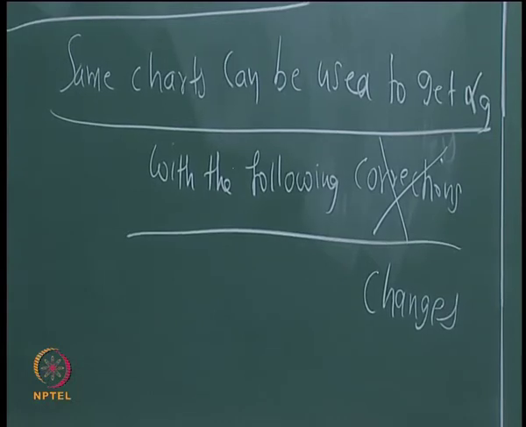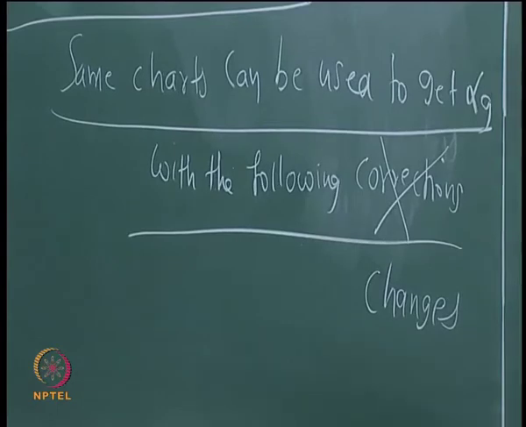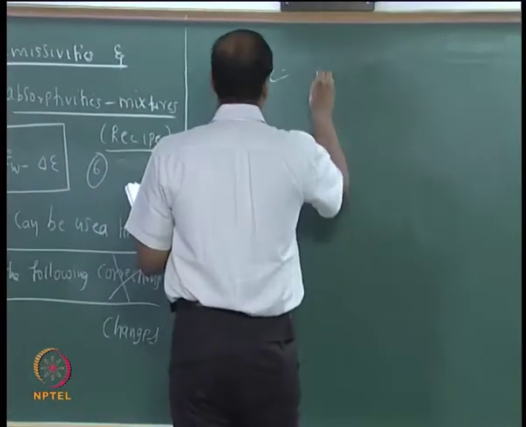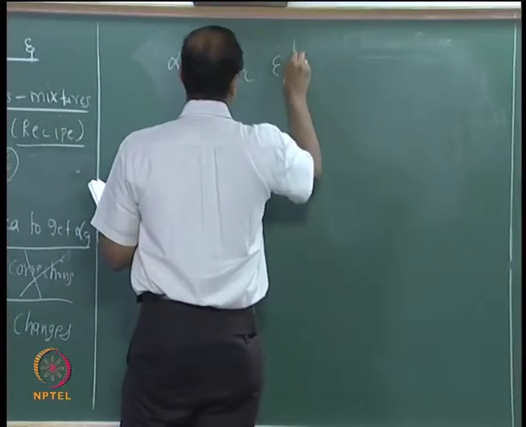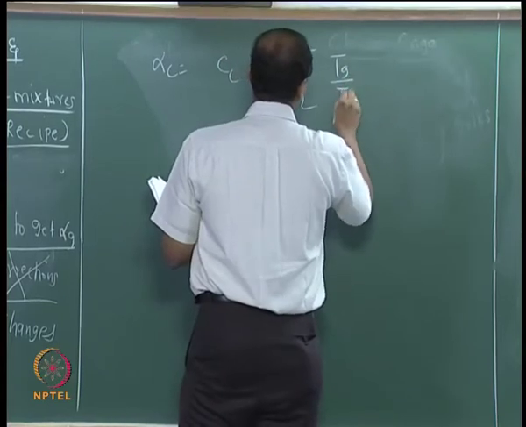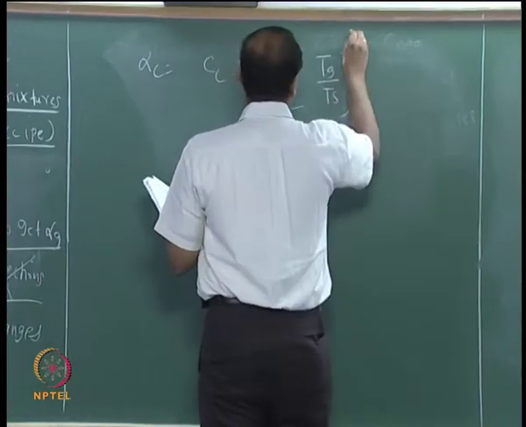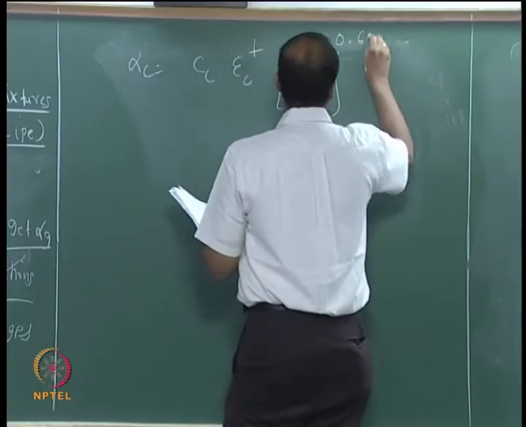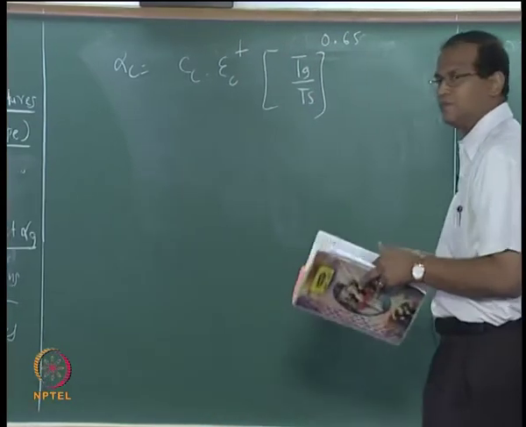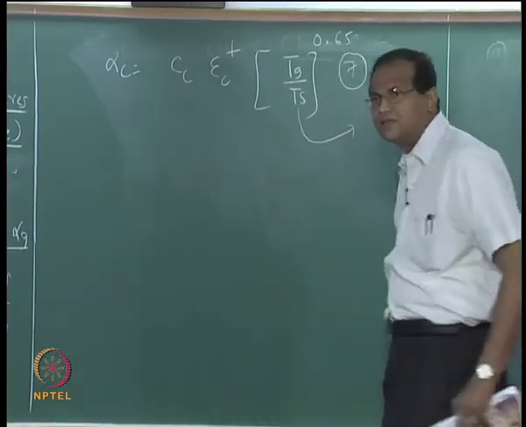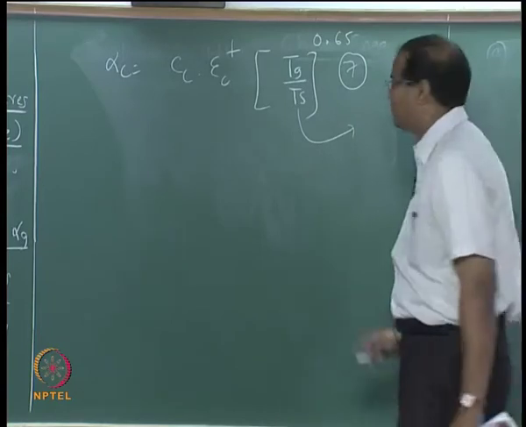So what do you want to do for alpha g? Alpha c. Please note this. What is Ts? Surface temperature.